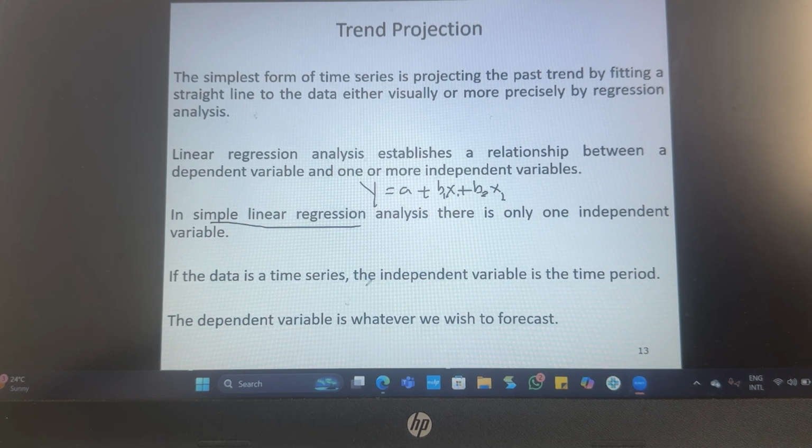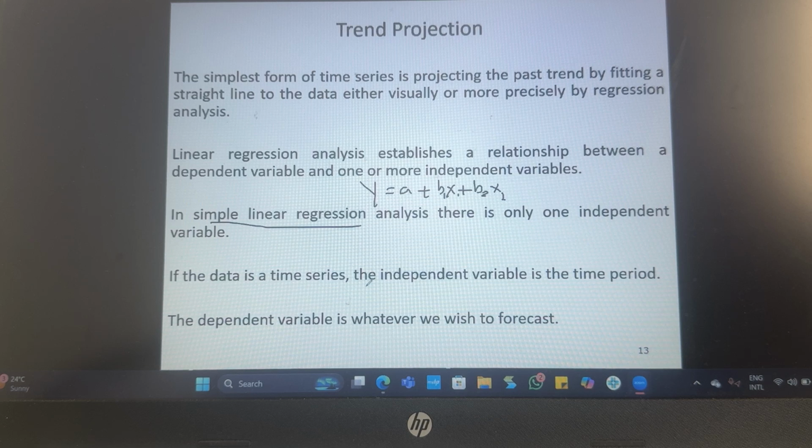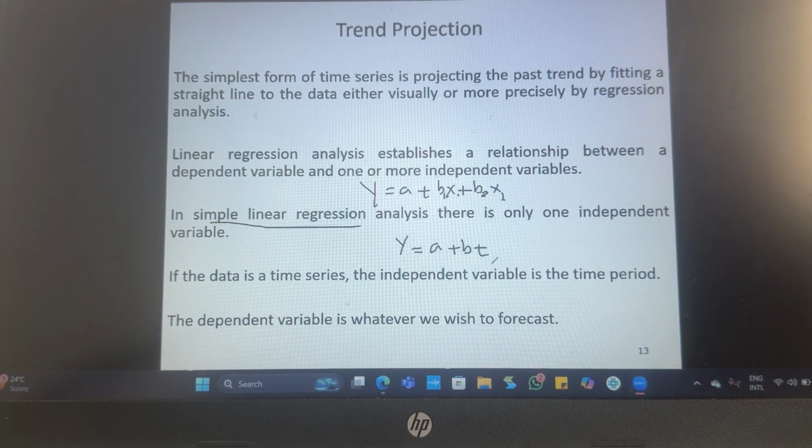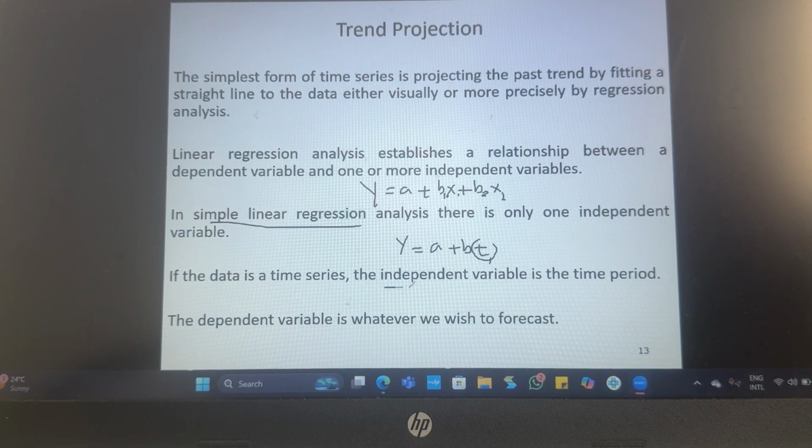If the data is a time series, the independent variable is the time period. For example, if the data set is a time series, basically a simple t to represent time should come here as the independent variable. So time is the independent variable. The dependent variable is whatever we wish to forecast.